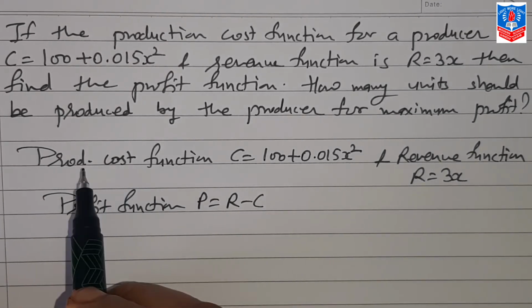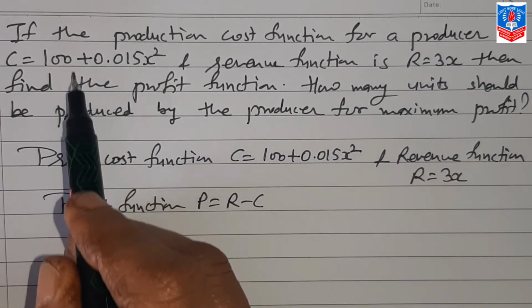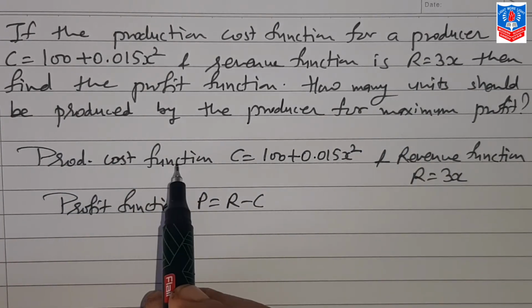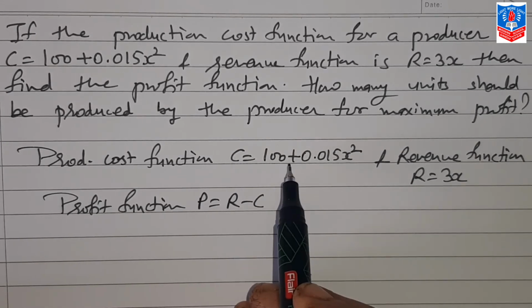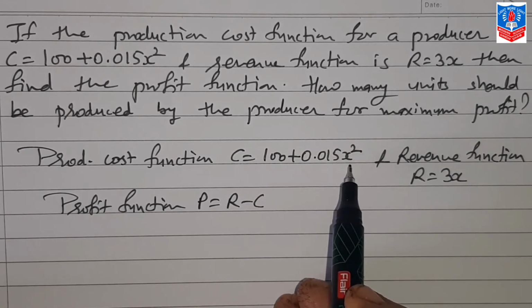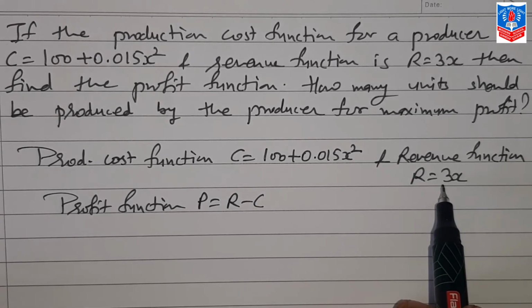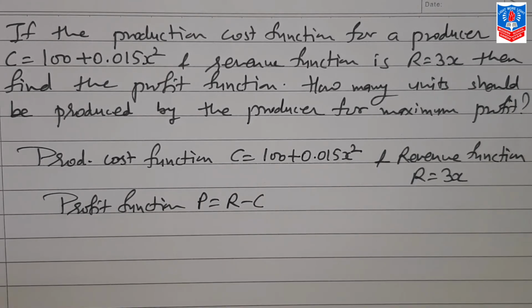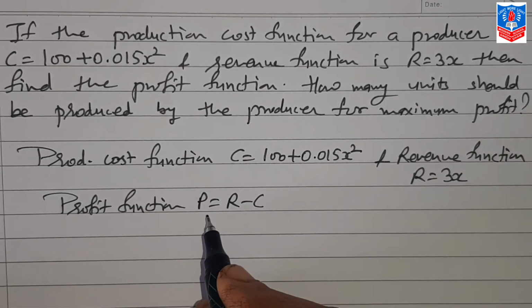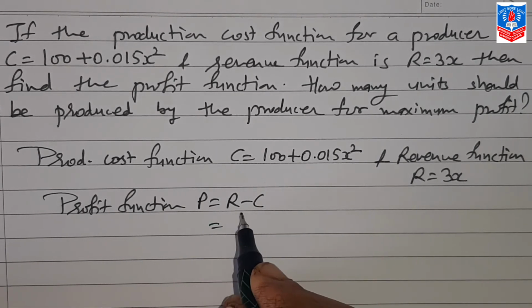So here two functions are given. One is the production cost function, that is C is equal to 100 plus 0.015x square, and the revenue function, that is R is equal to 3x. These two functions, cost and revenue, are given. So how do we find the profit function?